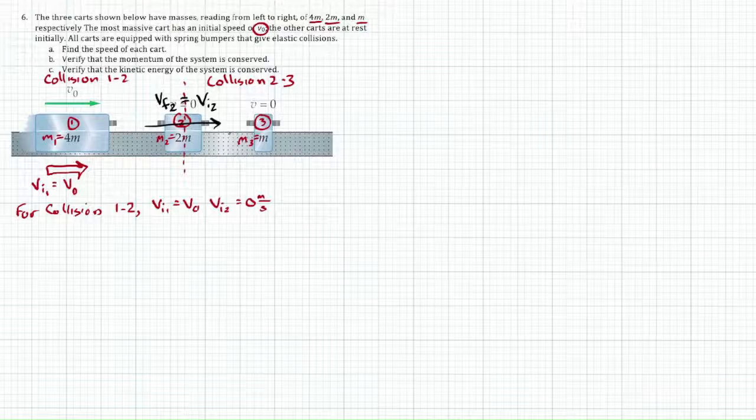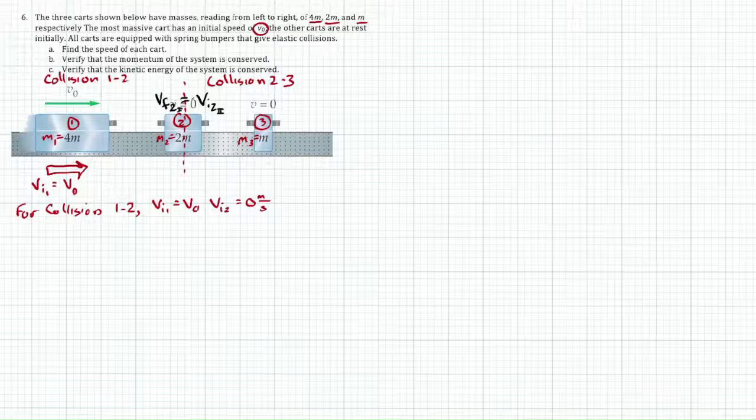Okay, it's all one velocity, but since we're breaking it into two parts, we're calling it two different things. If it clarifies it all, I can say the final velocity of 2 for collision 1, there's a little Roman numeral right there, and that's the same thing as the initial velocity of cart 2 for collision 2, and there's a little Roman numeral 2 right there. So hopefully that doesn't muddy the waters or anything, but that's going to be our assumption.